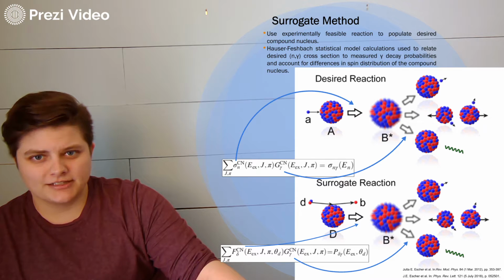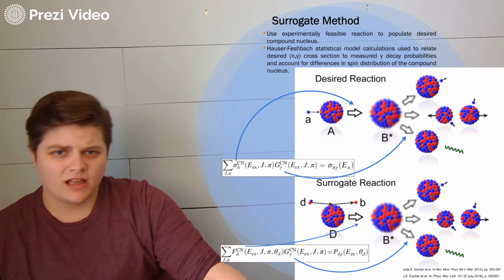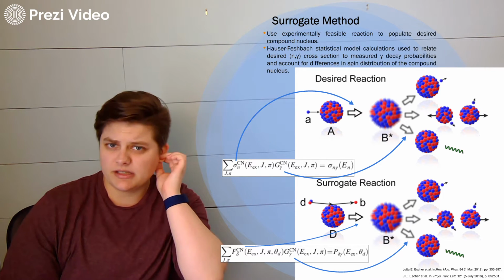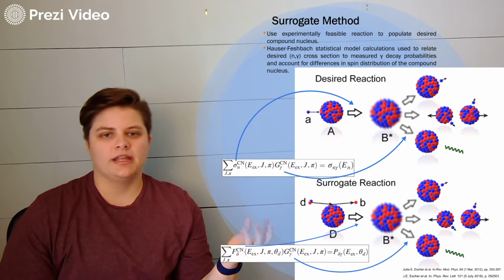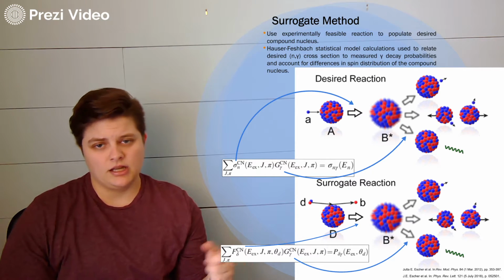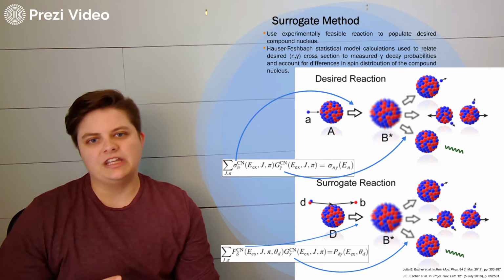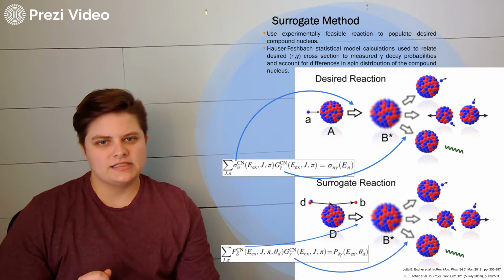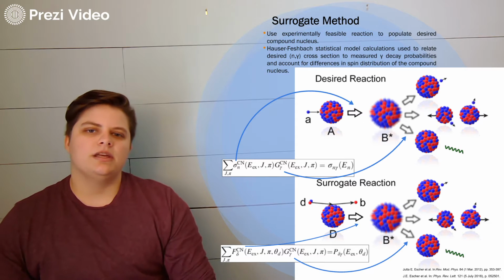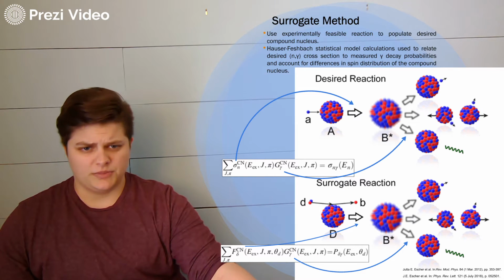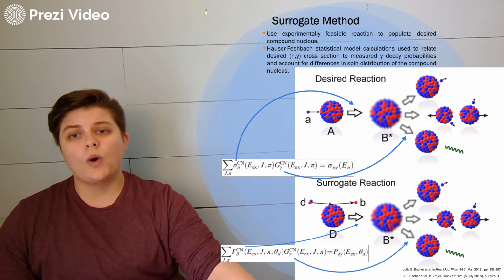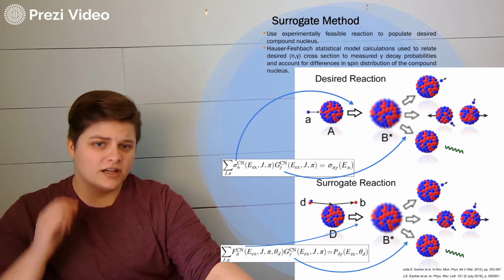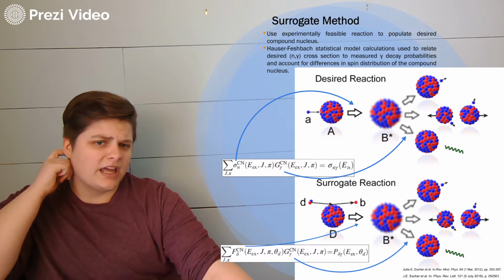Next we'll look at the surrogate method. So the basic idea of the surrogate method is that we are using some surrogate reaction to populate our compound nucleus of interest. So the formation probability of the compound nucleus via either reaction can be calculated using optical model potentials. And then the experimental quantity that we're interested in here is the gamma decay probability.